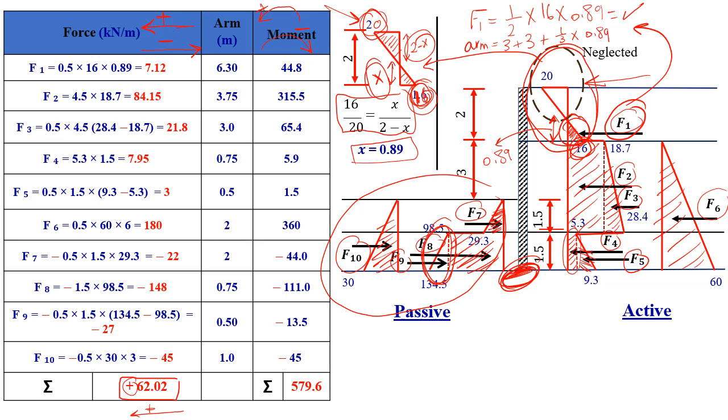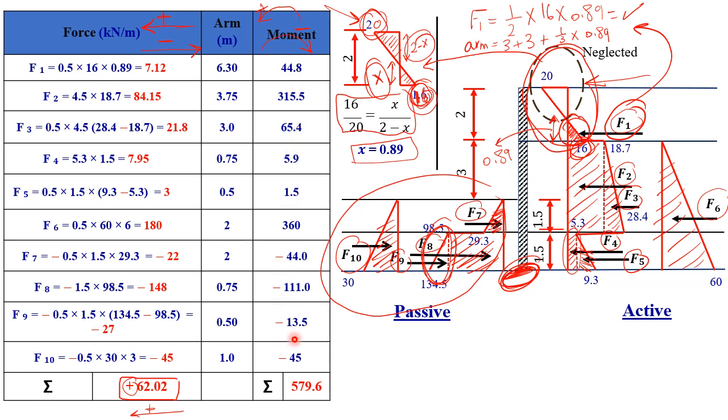So you will observe that for all forces from F1 to F6, the resulting moments will have a positive sign because they are anti-clockwise. However, from F7 to F10, the moments are in the clockwise direction, so they will take a negative sign.